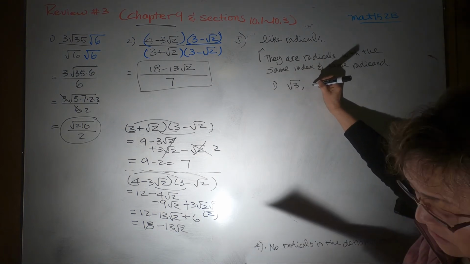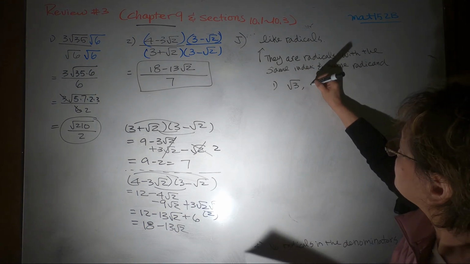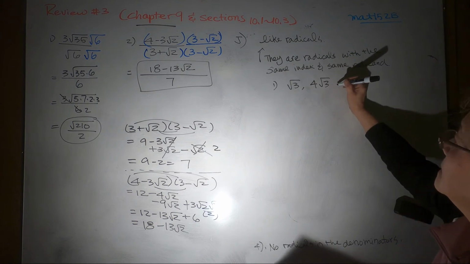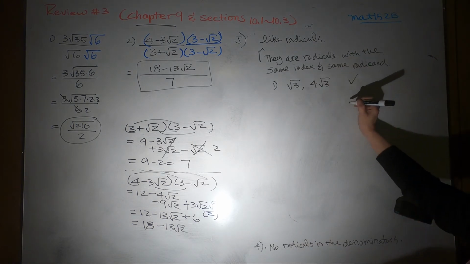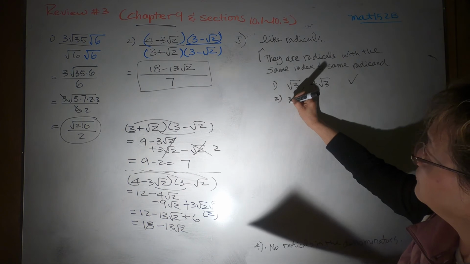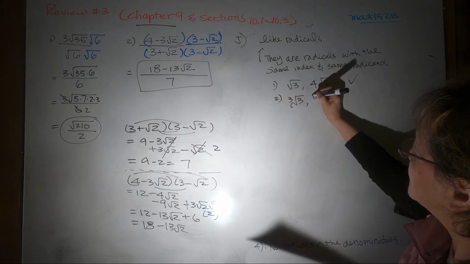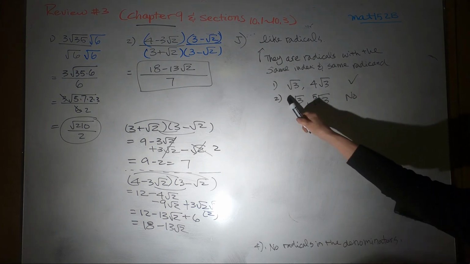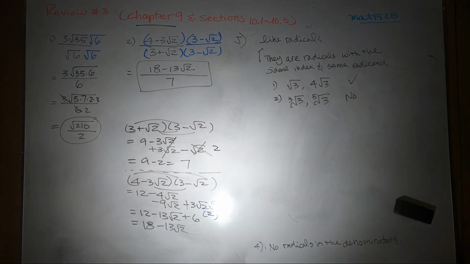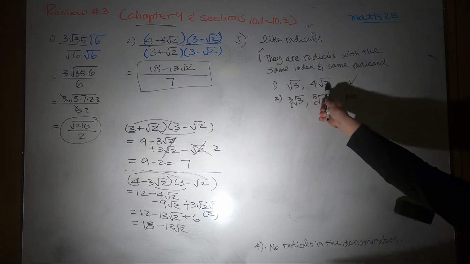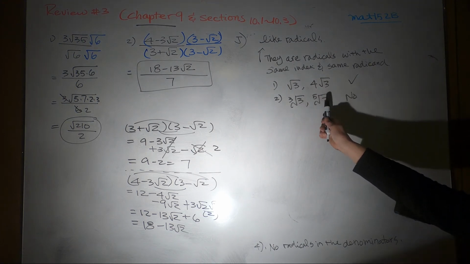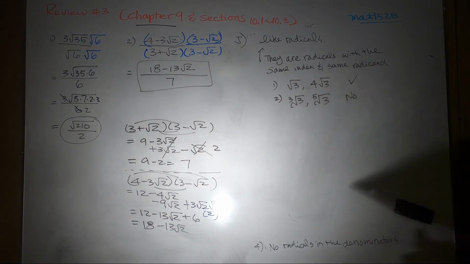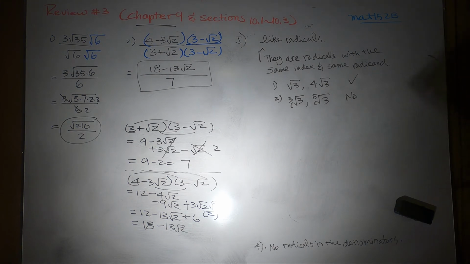Is this square root of 3, and are they like radicals? Yes, right? If we have this 1, 5, are they like radicals? No, because they have different indexes, right? So we can only combine those that are the same. If they are not the same, we cannot combine them. Okay?